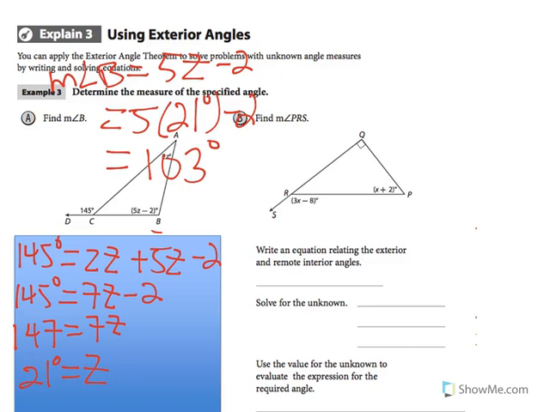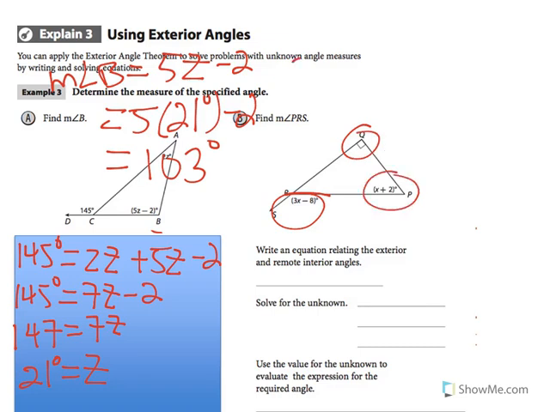Find the measurement of angle PRS. If we look at PRS, we're looking for this angle here. We know that this angle here is the exterior angle, and these two are the two remote interiors.